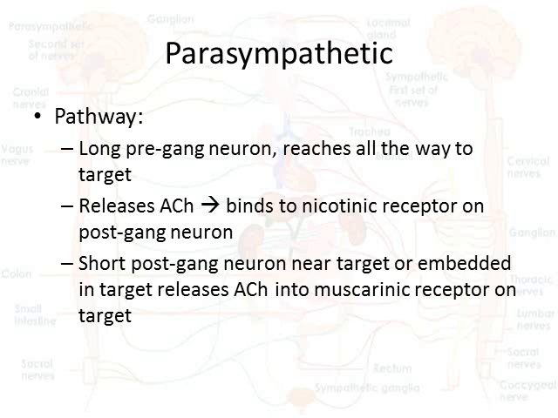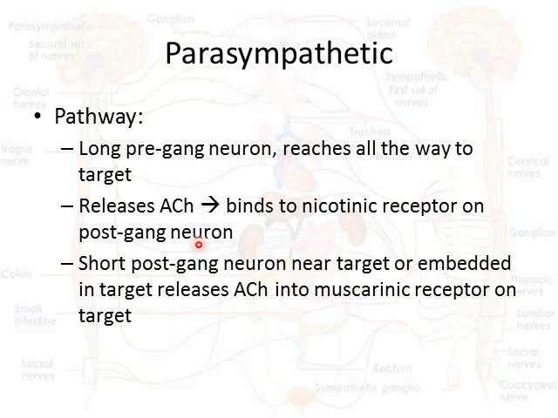Okay, so the pathways, I'm going to need you to be able to know the pathway for the parasympathetic versus the pathway for the sympathetic. So again, parasympathetic, you have this long preganglionic neuron that reaches almost all the way to the target, and then it releases acetylcholine into the ganglionic synapse. There it's going to bind to a nicotinic receptor, which is a type of cholinergic receptor, on the postganglionic neuron.